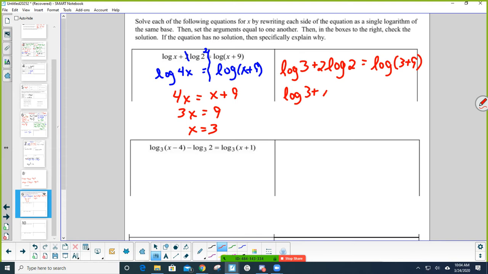Plus, this is going to become log 4, just like it did over here because we took the 2 and moved it up. So in log land again, adding means multiplying. And on this side, 3 plus 9 is 12. So we know we got the right answer. So that's just checking it.